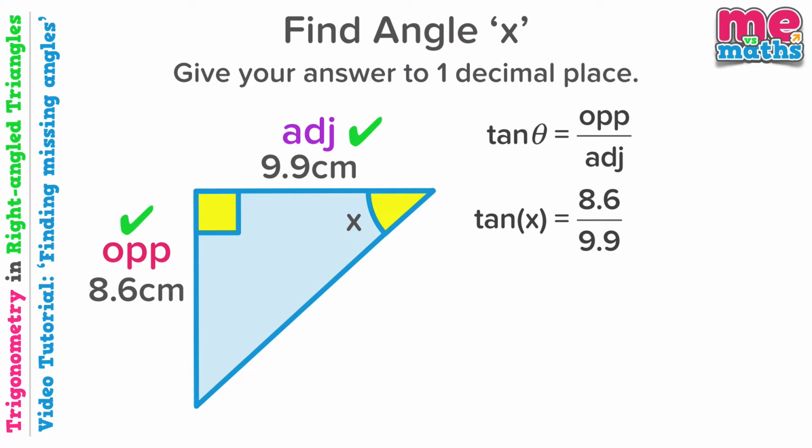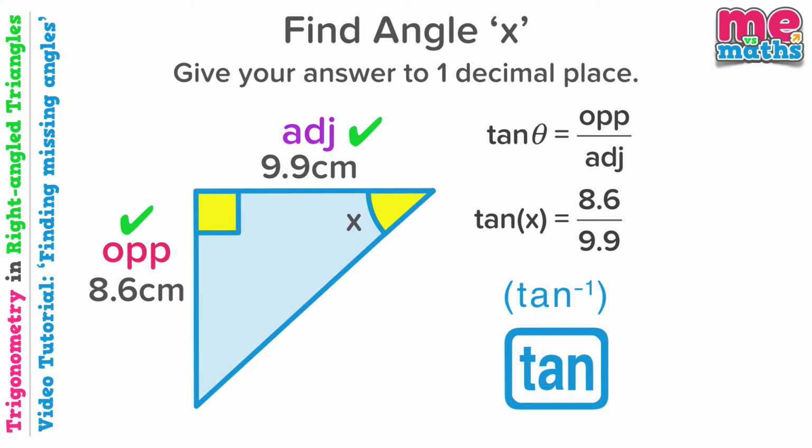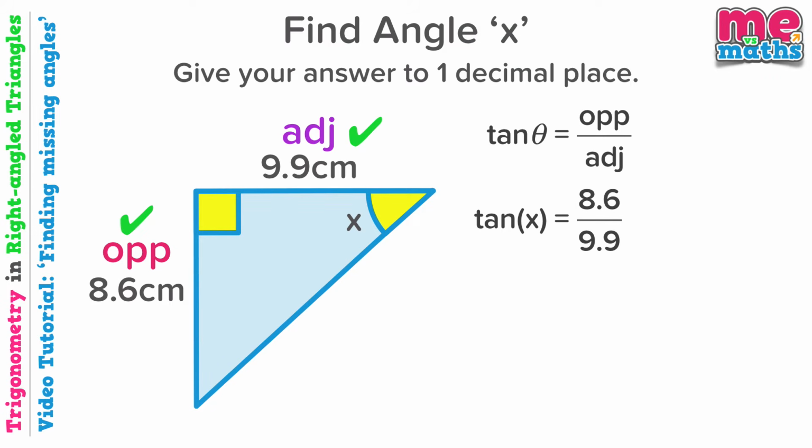Now we have tan x and we just want x. So what we actually have to do now is to cancel out tan. To do this, we have to use the inverse of tan, or tan minus 1, which I spoke about previously, finding on your calculator. So x is actually equal to inverse tan of 8.6 divided by 9.9.